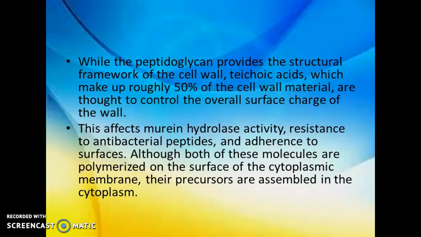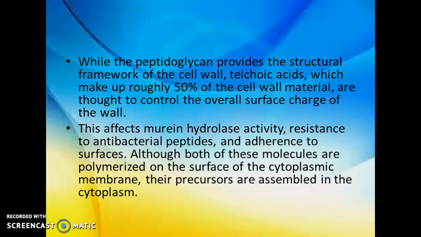I have already told you it provides the negative charge to the bacteria. So the overall surface charge of the wall may affect murein hydrolase activity, resistance to antibacterial peptides, and adherence to the surface. So teichoic acid is important in adherence to the surface, resistance to antibiotics, and also murein hydrolase activity.